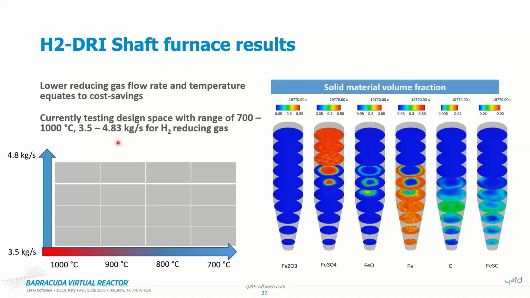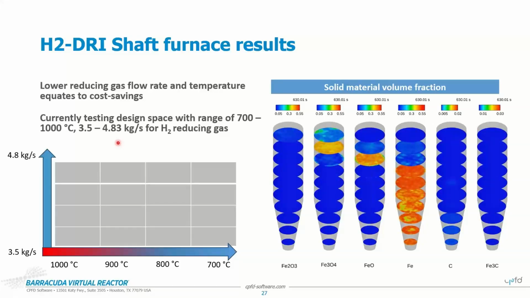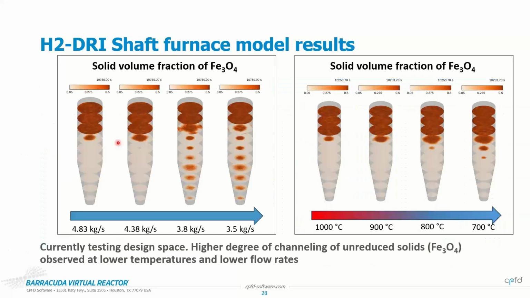So this testing is currently ongoing. It's something we're working with our collaborators on continuing to test and understand. But we do have some trends that we are currently observing here. One is that changes in the flow rate, like reducing the flow rate of the reducing gas coming in, results in a higher degree of channeling of these unreduced solids in the bed.